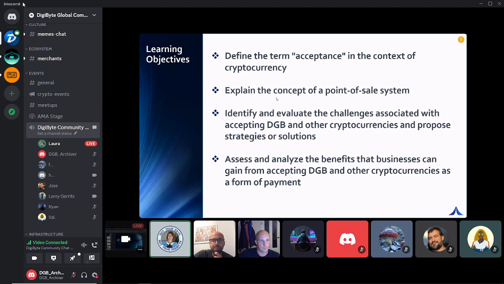We all interact with them pretty much every day, so we have a general idea, but let's put that in scope, and then identify those challenges. As stated earlier, there are plenty of challenges. User friendliness really is a huge barrier, and we'll discuss that in a little more detail.